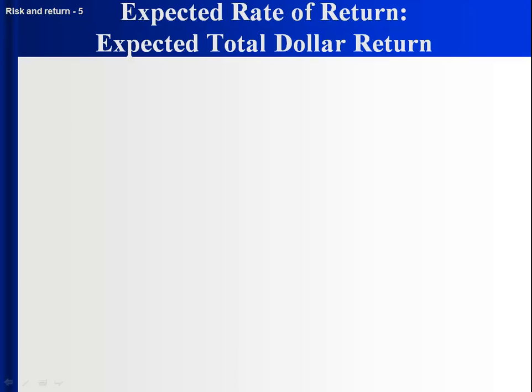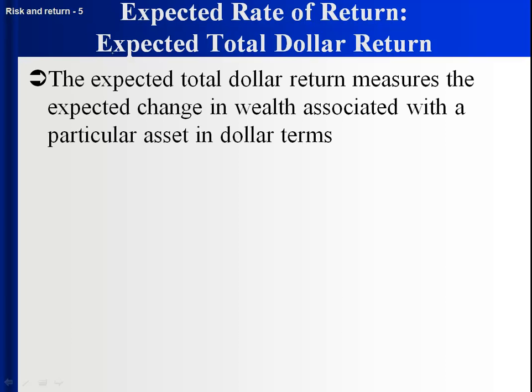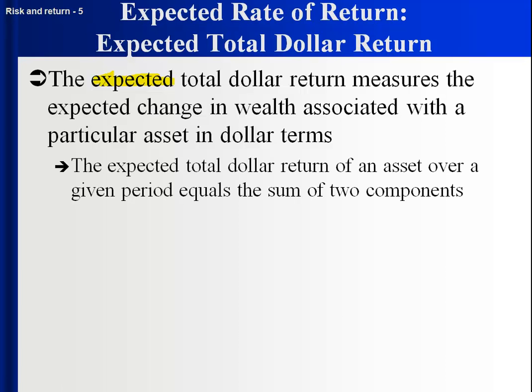Expected rate of return, expected total dollar return, it's the same concept as total dollar return, except the expected means that we're looking at a time frame where not everything is known, and so therefore we use our best guess, we use what we expect, but we still incorporate it the same way.